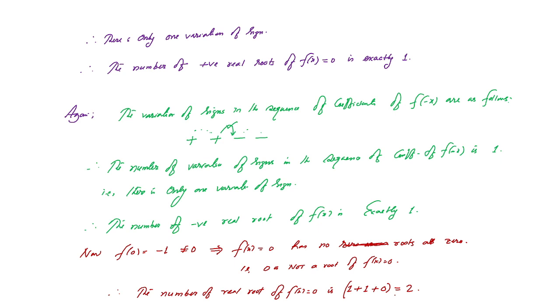Since the equation is of degree 4, the number of complex roots will be 4 minus 2. So what we will write? Since the degree of f(x) is 4, by the fundamental theorem it has exactly 4 roots, which may be real or complex.